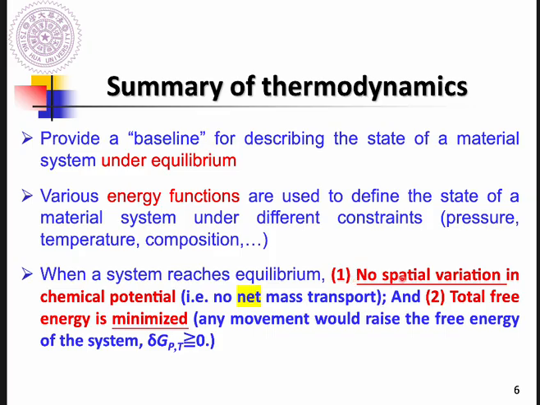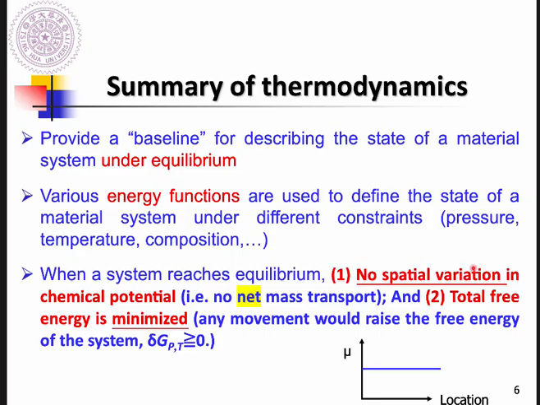So no spatial variation. When I try to draw a figure, it will be shown like this. The vertical axis means the chemical potential. The horizontal axis means the location. So all atoms in this material have the same chemical potential mu.